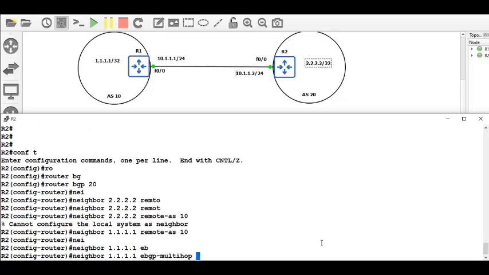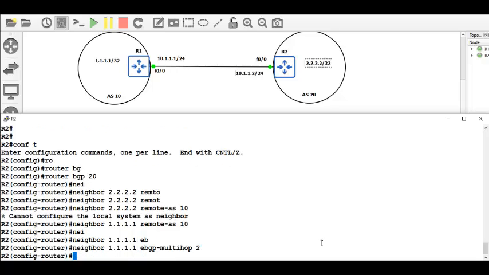The reason why I say this is only then it will try to send the packet out even though this one network is not directly connected.